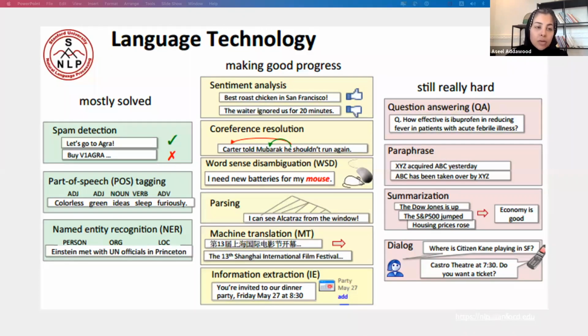Mostly solved are, for example, spam detection, part-of-speech tagging, and named entity recognition. The things that are still really hard are question answering: how to make the machine reply when I ask a question, and then I give another question, it replies, etc. Which is part of having a dialogue with the machine. We are still not there yet. There is a lot of work that needs to be done there. And there were other examples.